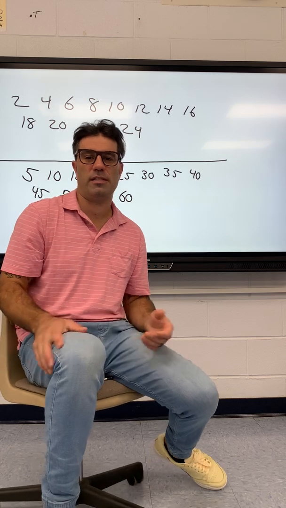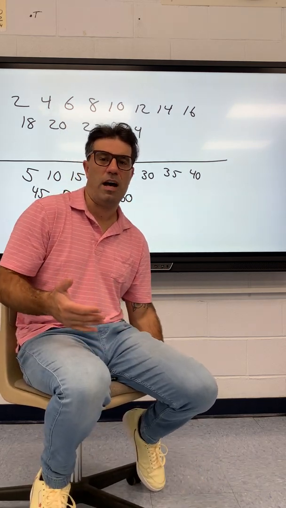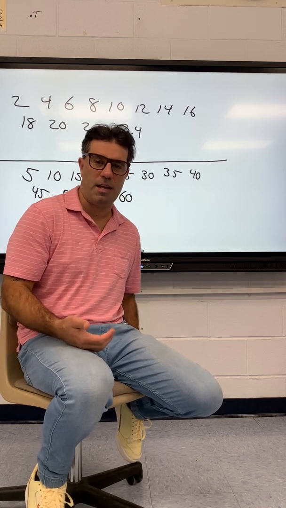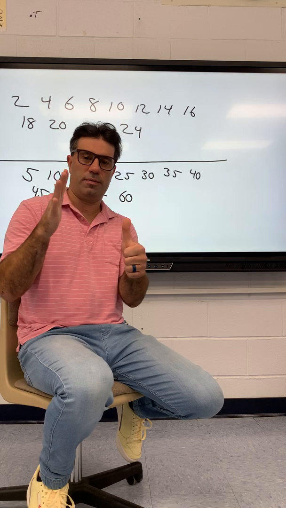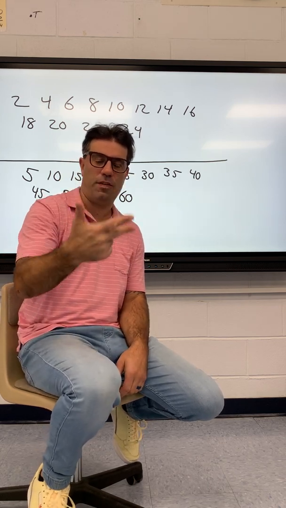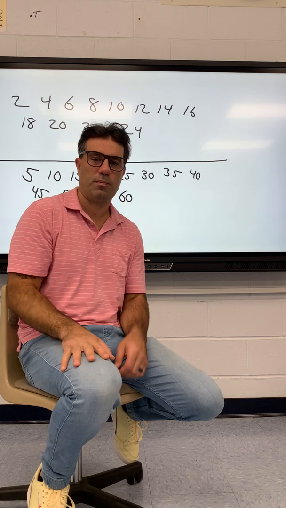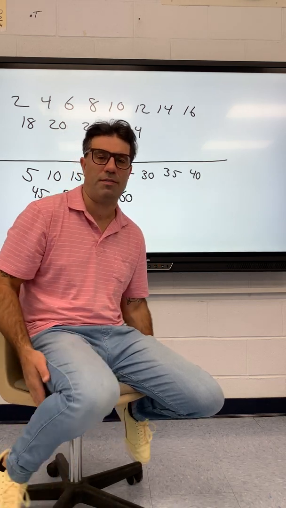And then with fives, it's the same thing. So if you had to do 6 times 5, 6 times 5 means 6 groups of 5. So you just count by 5 6 times. 5, 10, 15, 20, 25, 30. 5 times 4. 5, 10, 15, 20. 8 times 5. So you just always go by the 5s for now.